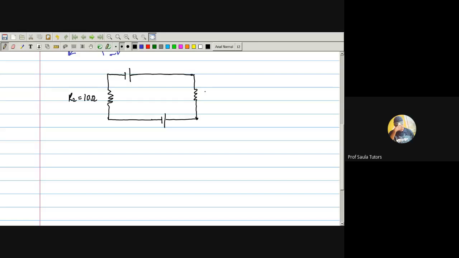I'm starting from simple to complex questions. You have R1 here to be 8 ohms. This positive, negative. I will not write this for you in the next question. This negative, positive. 16 volts. So see what we have: A, B, C, D.